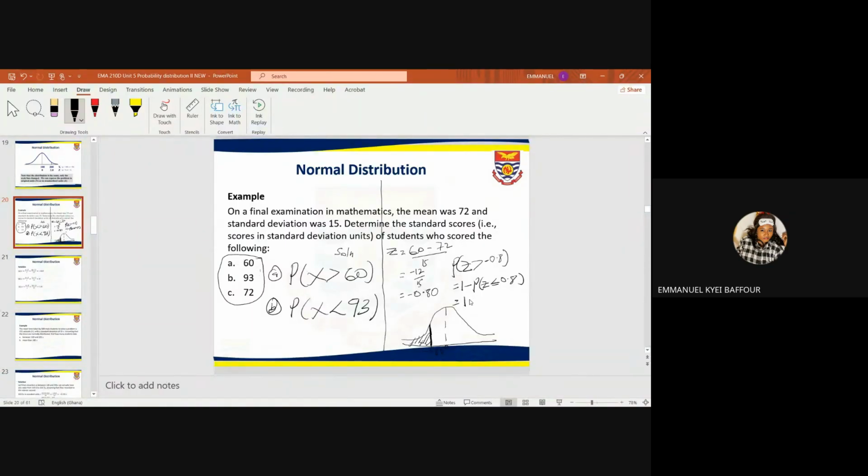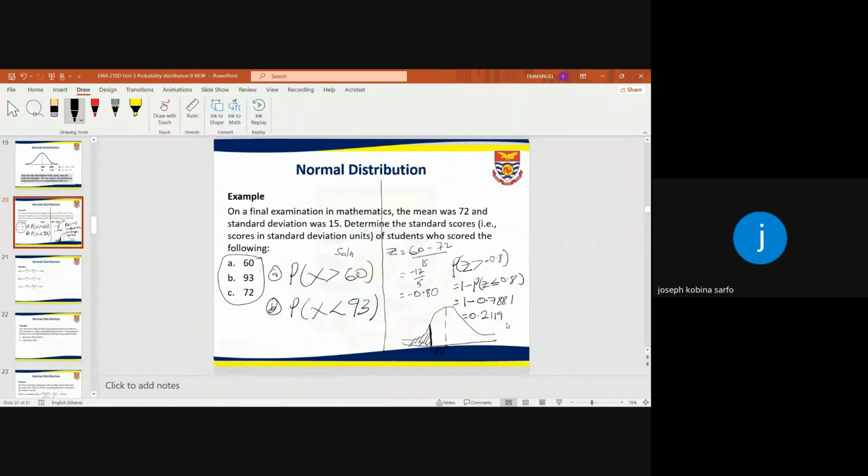But you had this one to be equal to 0.7881? Yes, sir. And this will give you 0.2119, right?